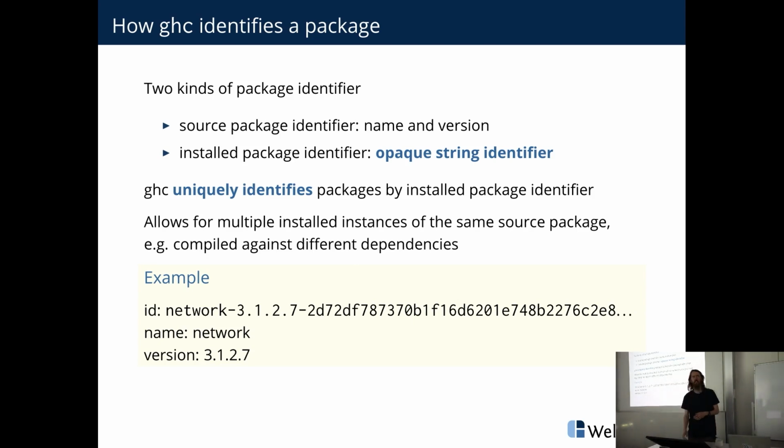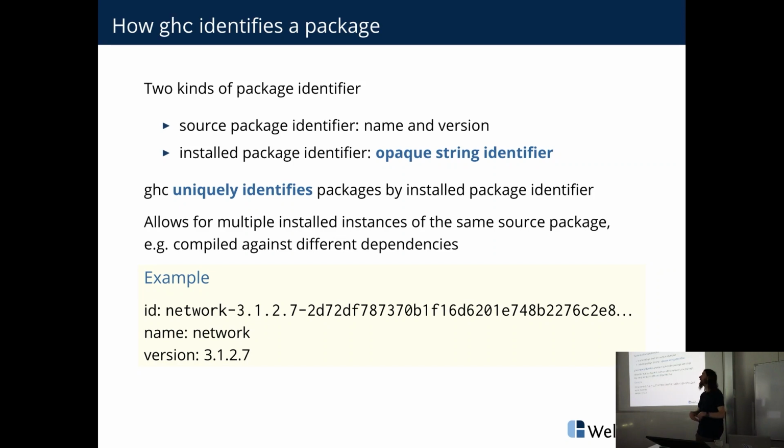I'm not sure if you're allowed to use Unicode in them, because probably Debian doesn't allow that. There are syntax restrictions on it. Then a hyphen, or a minus sign, and then a version number, and the version numbers have a syntax as well. So the source package ID is a tightly constrained syntactic thing, and the installed package ID is just a big string with no interpretation on it.